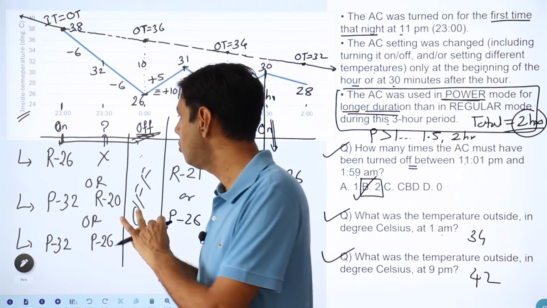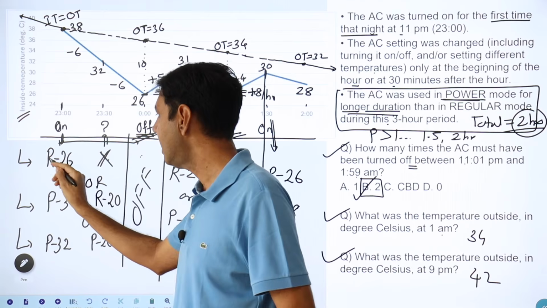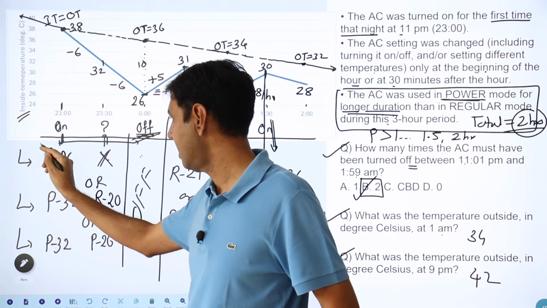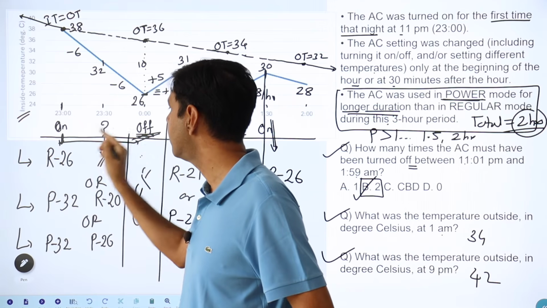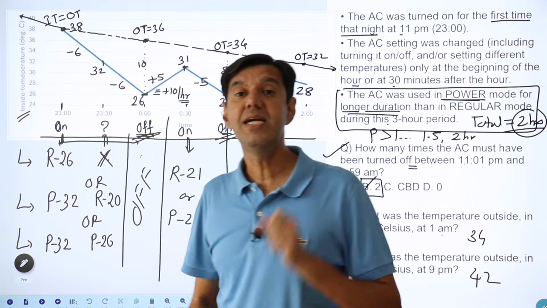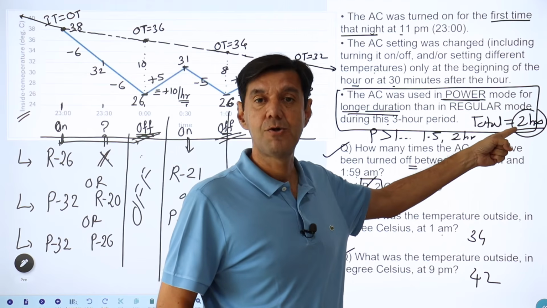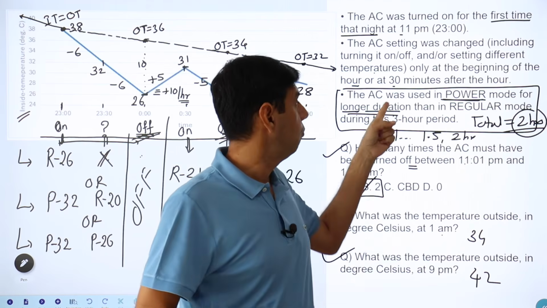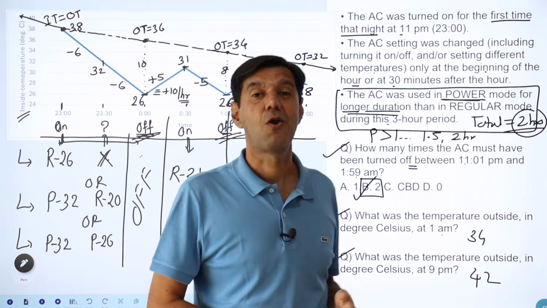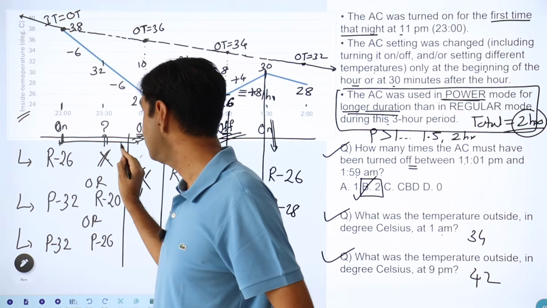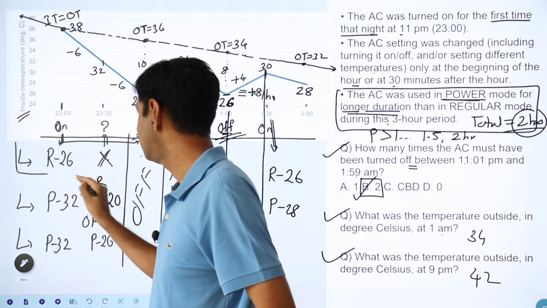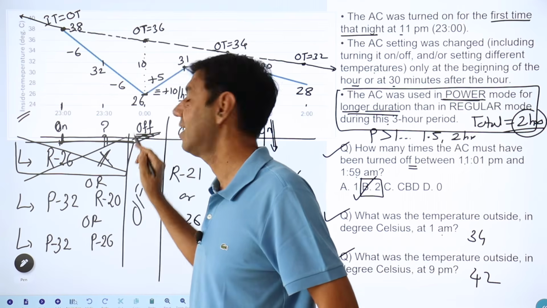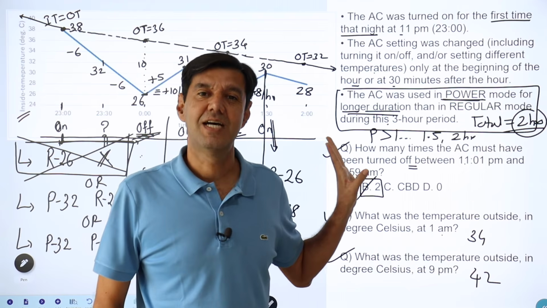Remember, if I don't do anything here and I set it at a regular mode of 26 setting, then for 1 hour it is running at regular. Can it run 1 hour at regular in a total of 2 hours? No, because the power is used for longer duration. So this one case gets eliminated, and if this one case gets eliminated, my question gets answered.